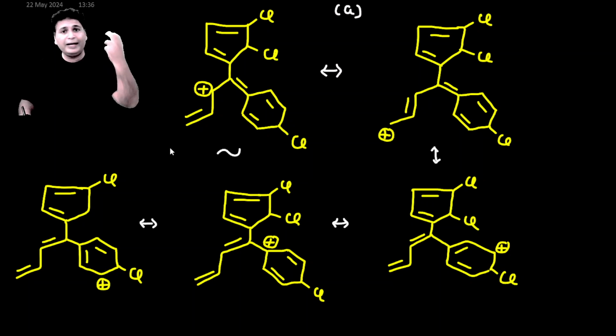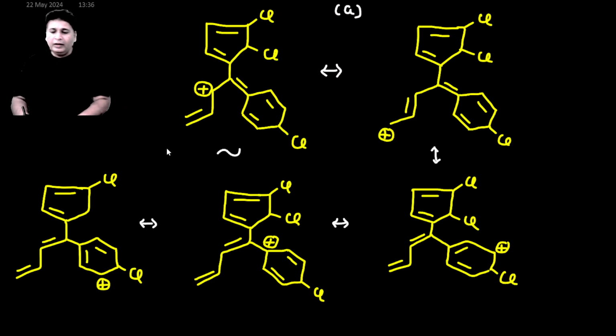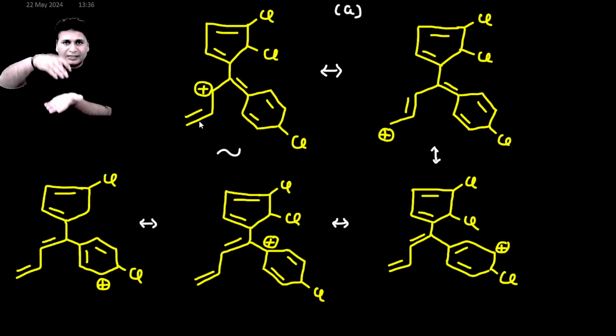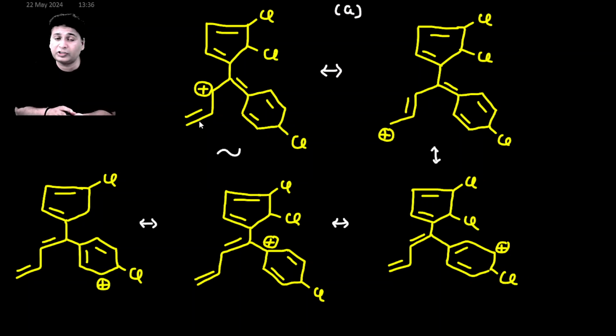Let us try to assess its stability. As you see this carbocation, it has got a positive charge, and I have told you, student, a positive charge is like a burden. So the plus charge is on the carbon and it's a burden and it is making things unstable.